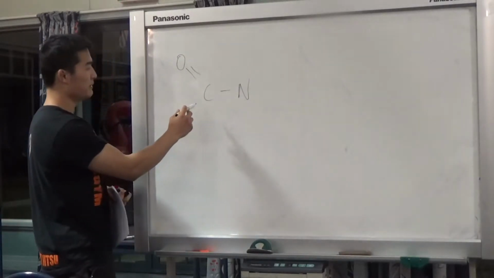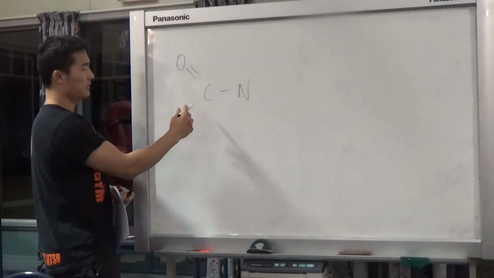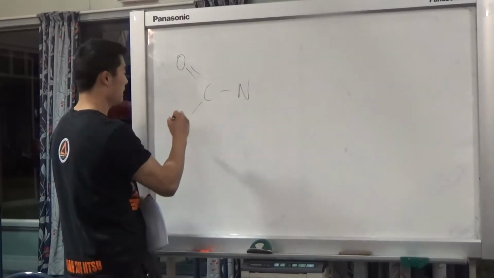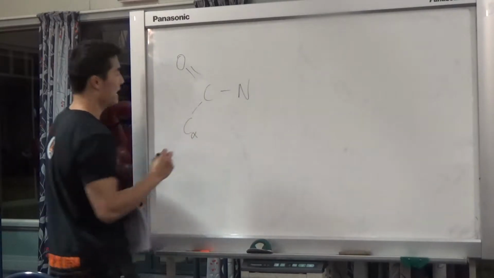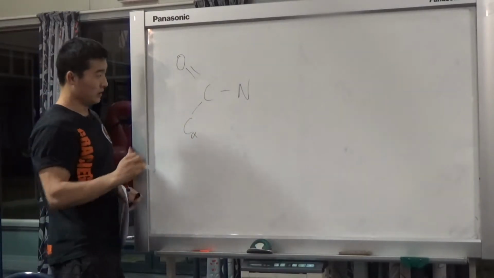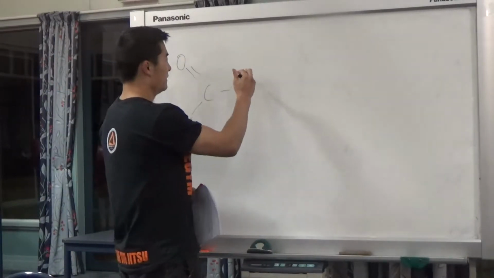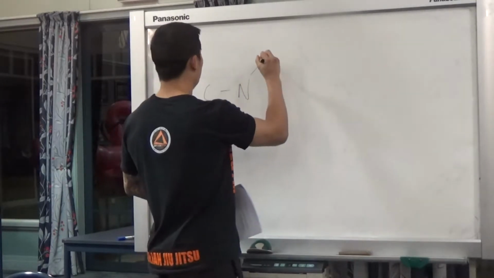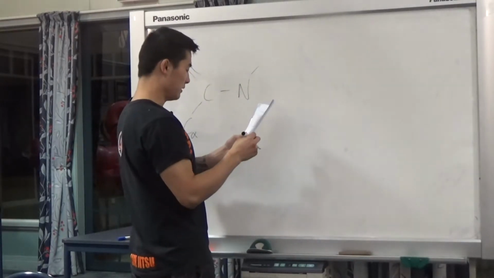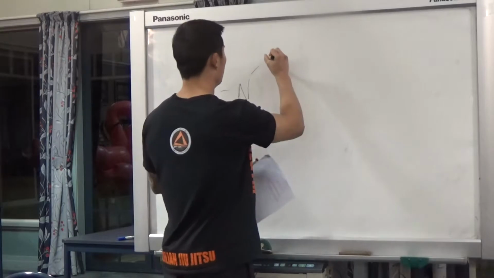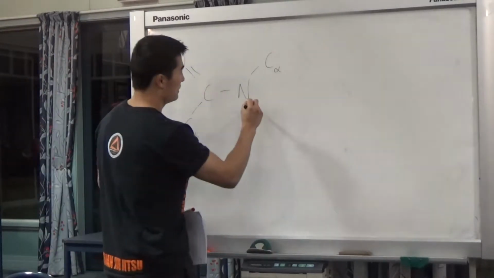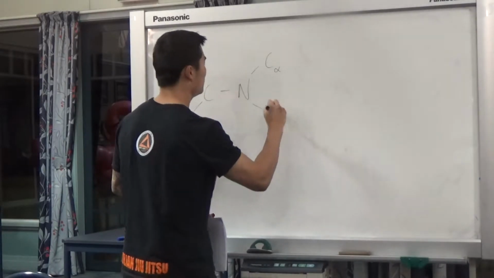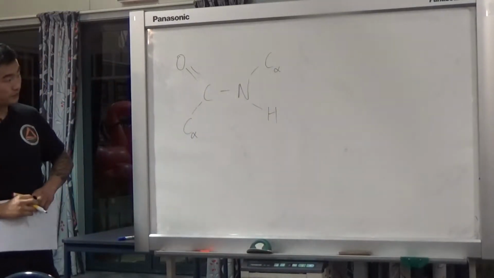This is the carboxyl carbon that's involved in the peptide bond, and that's going to be connected to an alpha carbon, right? And this nitrogen is going to be bonded to an alpha carbon, and this is your hydrogen, right?